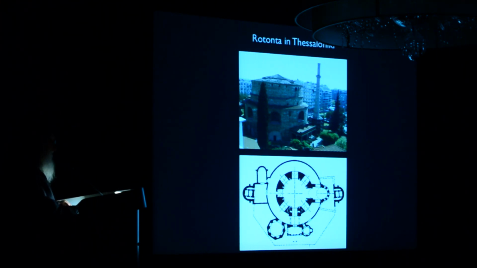We have the edict of Saint Constantine and his co-emperor Licinius in Rome, by which freedom of worship is given to any citizen or resident of the Roman Empire. That gives the opportunity for the church now to get out of the catacombs, leave the cemeteries as places of worship, and start building churches.